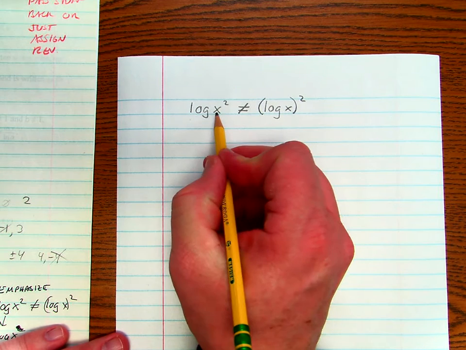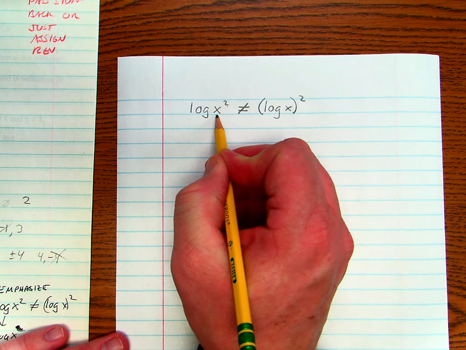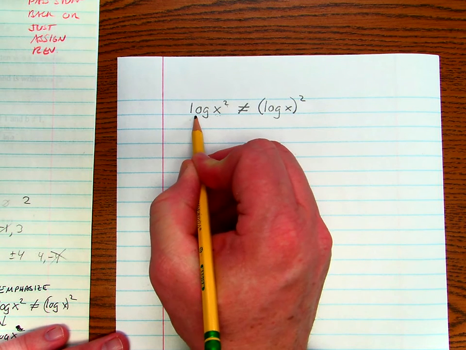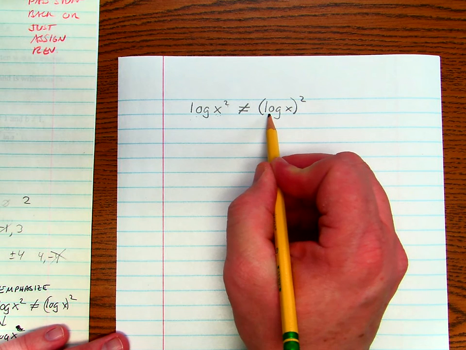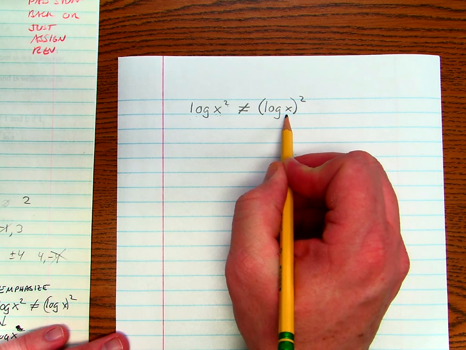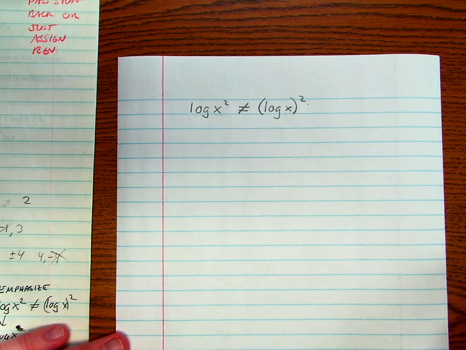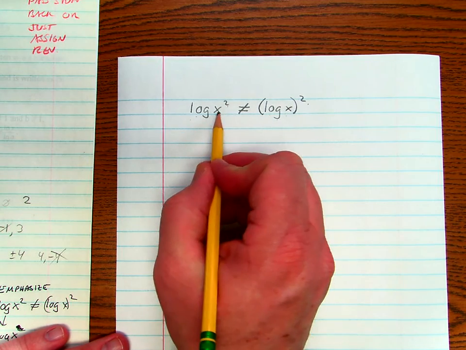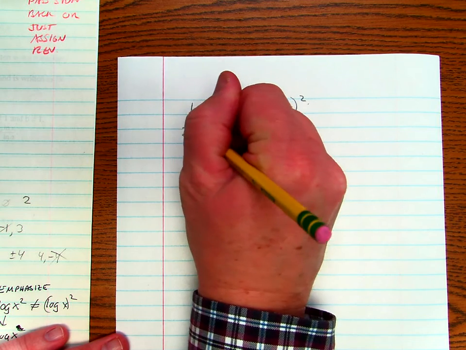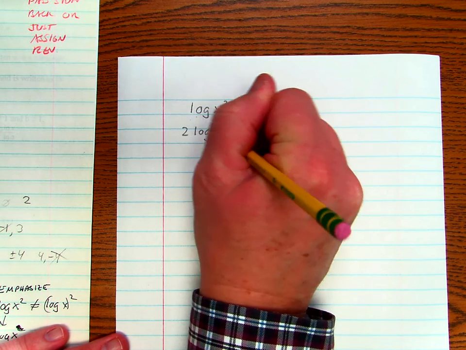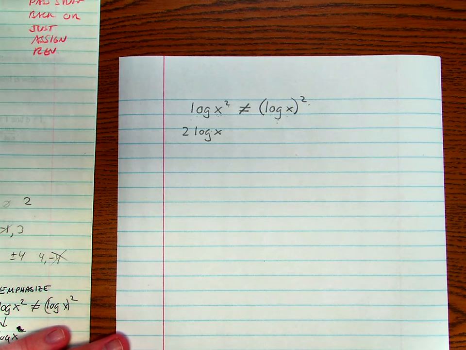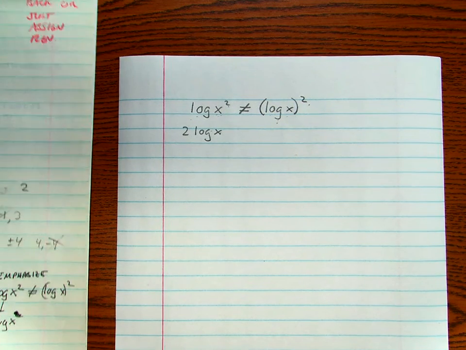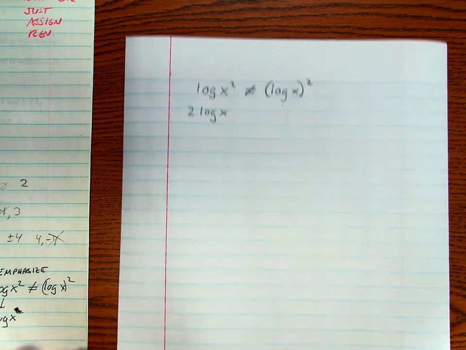Here, it's the x that's being squared, and that quantity is what we're taking the log of. Here, it's the log of x first, and then that quantity gets squared. Here, the property of bringing a 2 in front is valid. That property is not valid over here. So that's an important distinction to know going into the next 2 examples.